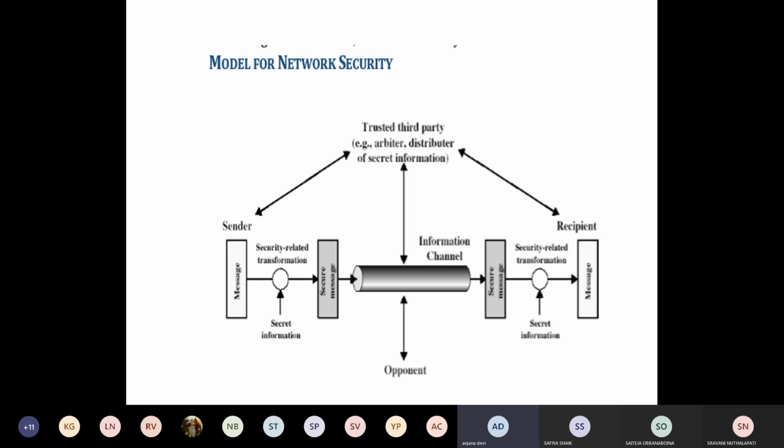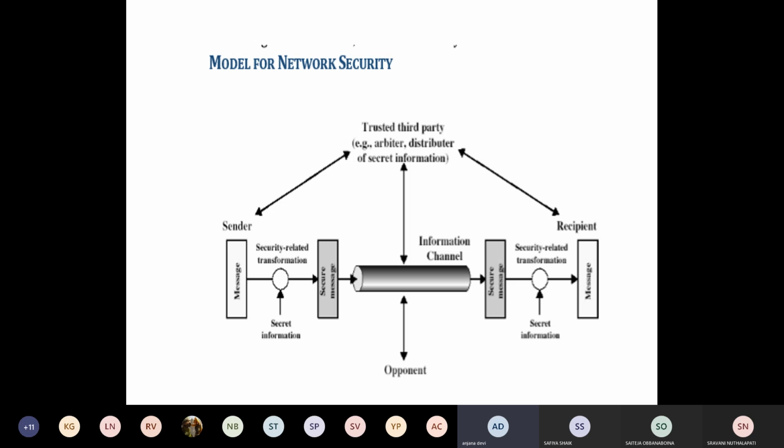At the receiver side, the recipient side, there should be a secured message collector, which collects the secured message. Then the translated message should be retranslated, and again that message is sent to the person.